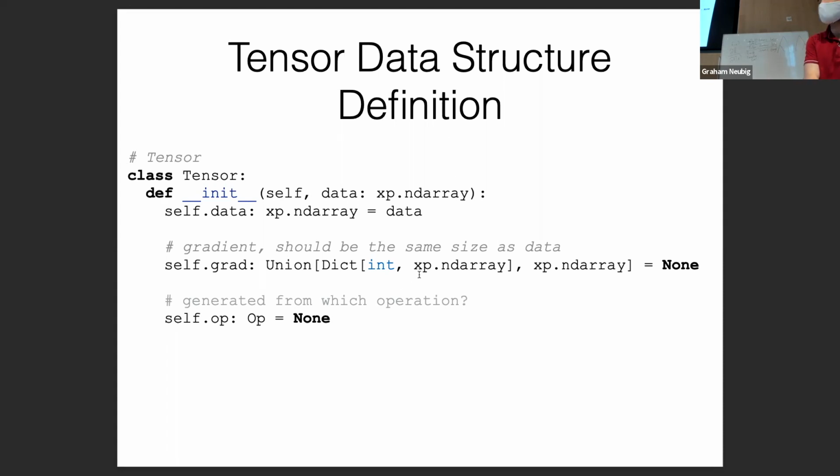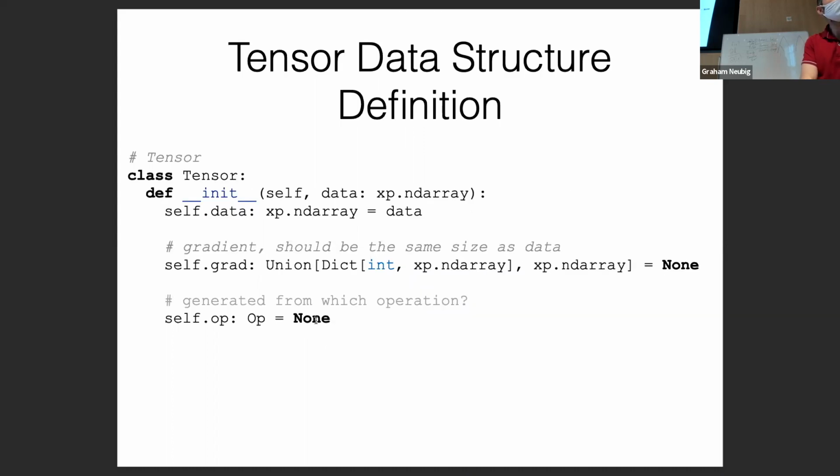We added this to the Min toolkit because this is something that's very widely used in neural networks for NLP, so it would be a good thing for you to know about. Another thing is which operation was this tensor generated from? This is useful for backtracing and running algorithms.